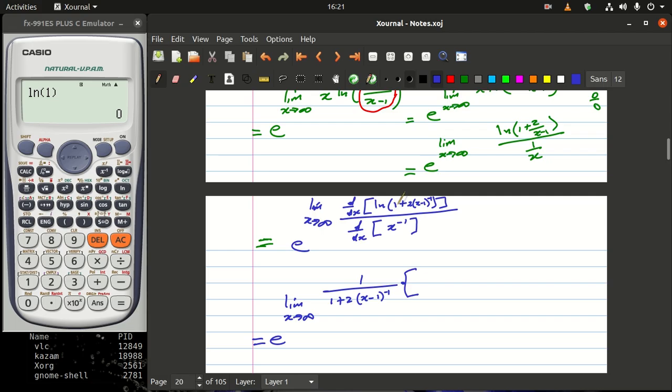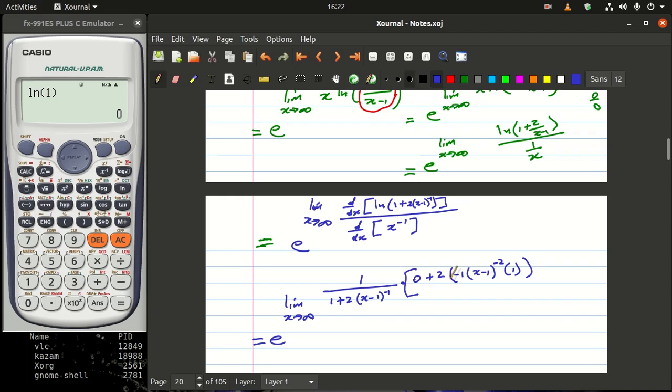The derivative of the 1 is going to be 0, and then for the other part I'm going to pull out the 2, and then the derivative of this whole thing is going to be, I'm going to bring out a 1 and then multiply by x minus 1, and then subtract another 1 to have a minus 2 there, times the derivative of what is inside, which is just going to be a 1 there. So the derivative of x minus 1 is just a 1.